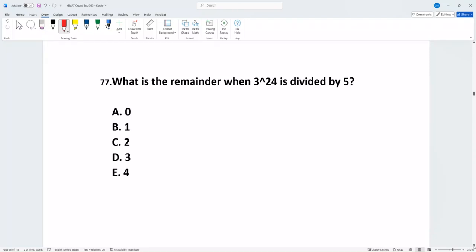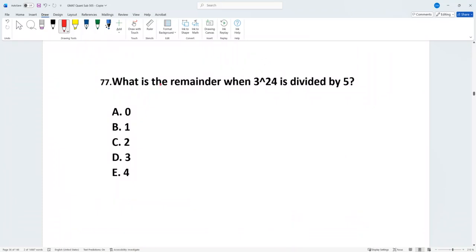So we are going to have a look at the pattern of the units digit of powers of 3. And when writing that particular pattern, we are only going to be concerned with the units digit of 3 raised to each of the powers.